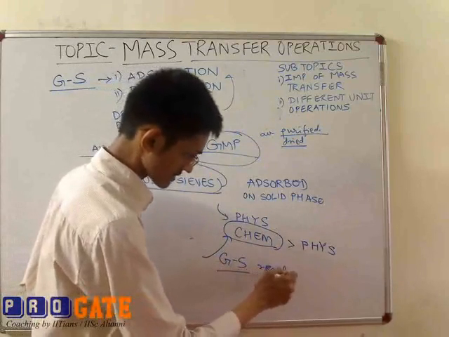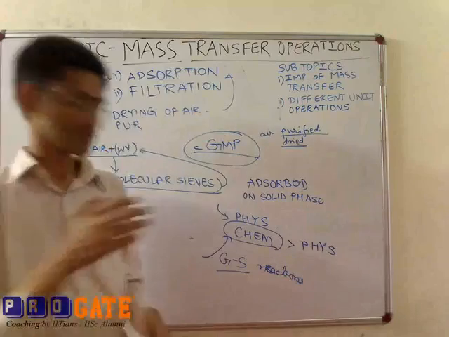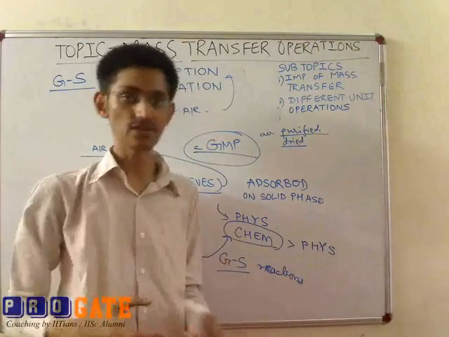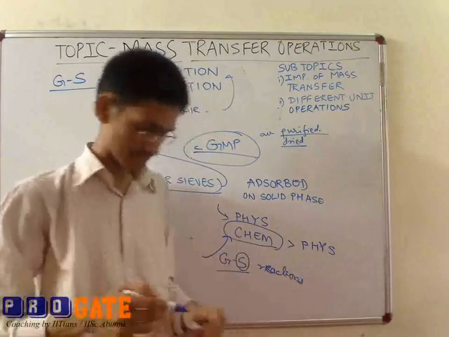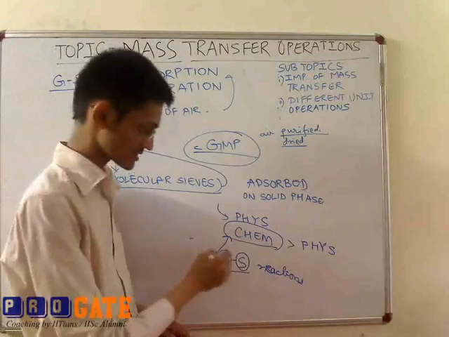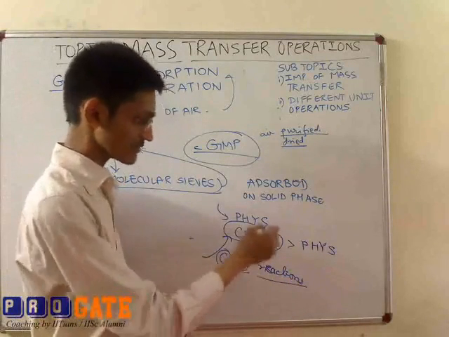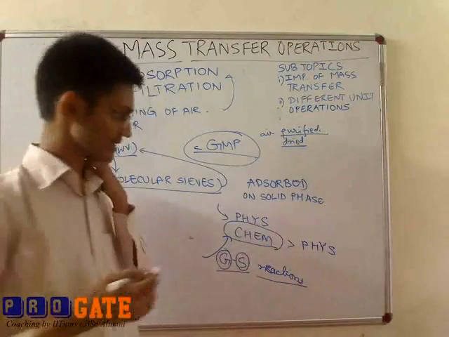where the solid is a catalyst on which the gaseous phase solute gets adsorbed. That is at the active site. So active site is what is resembling the solid phase and the gaseous phase solute getting adsorbed. This is what is made use of in the chemical reactions, gas solid chemical reactions.